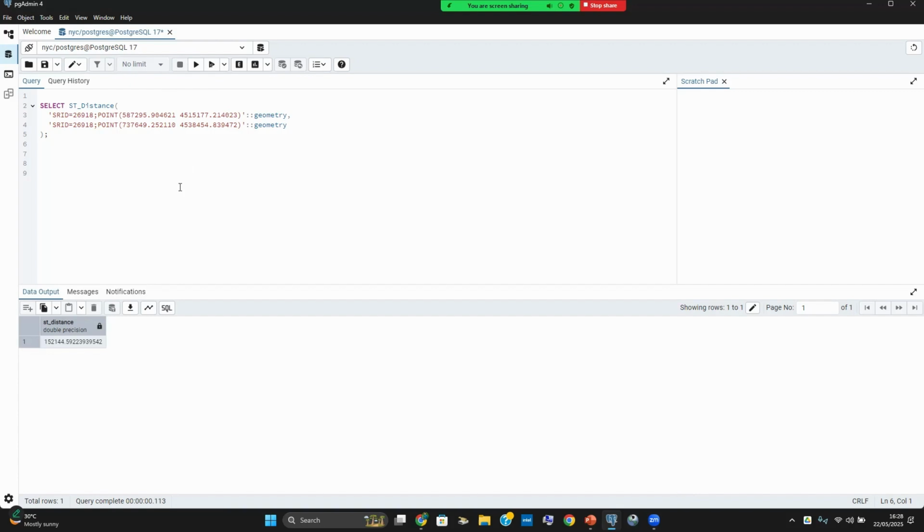152,144 meters. All right. So what the ST distance function does is that it computes the geodesic distance as a straight line between Central Park and the Hamptons. Because like I said before, we don't know the routes that the train, the bus, the roads would take. So this is the best we can do with the data set we have at the moment.